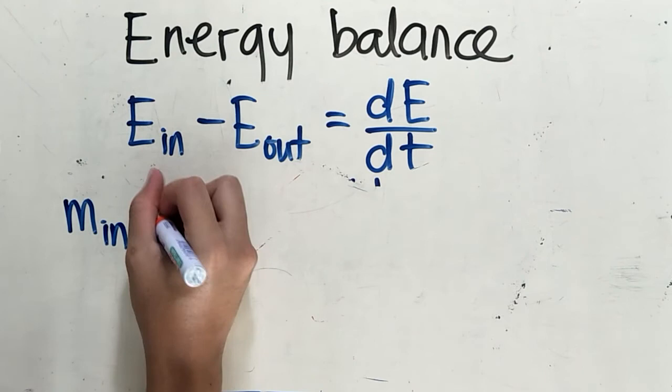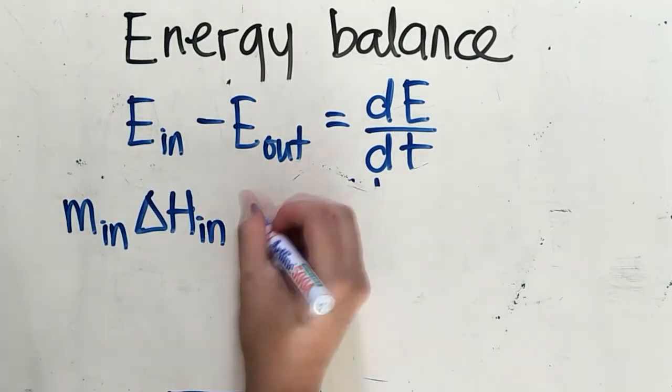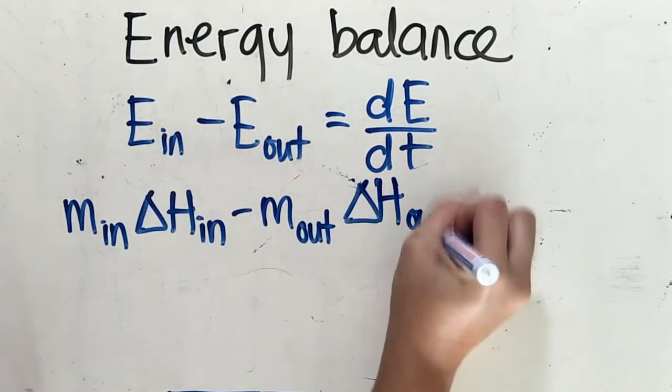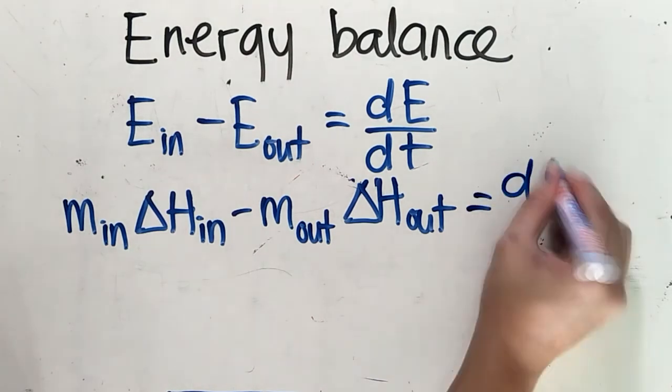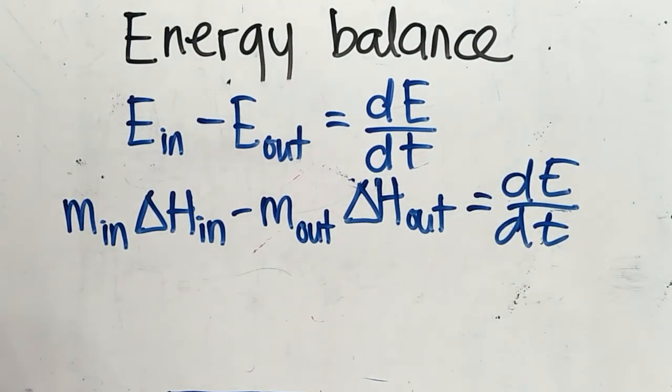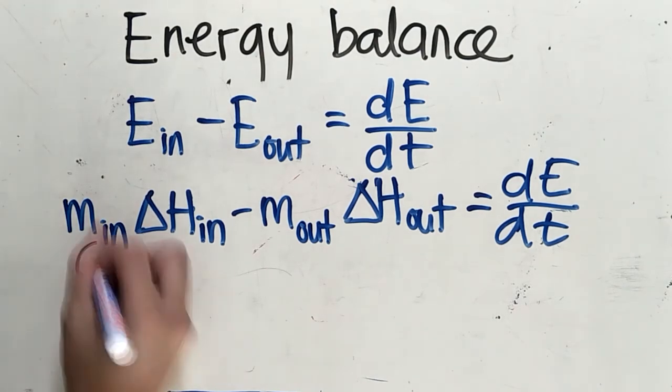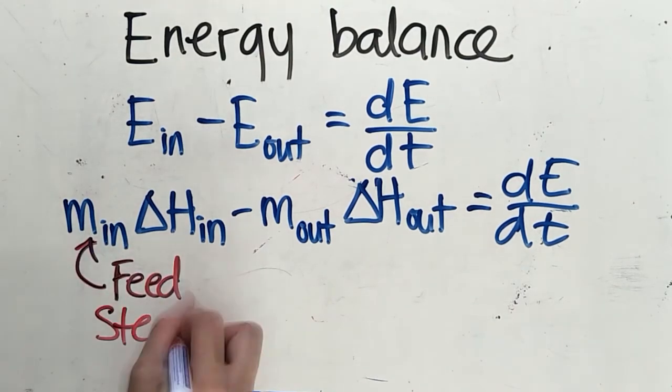So, M in delta H in minus M out delta H out equal to energy accumulated in the system over time. Our inputs are feed and steam, and our outputs are product, vapor, and condensate.